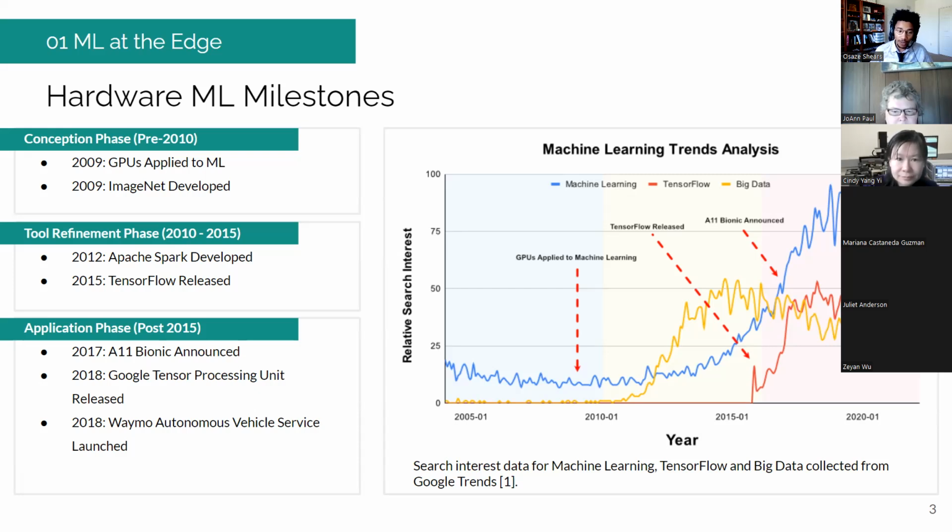Google has also done some of this with their tensor processing unit, and these are big, large-scale devices, kind of similar to GPUs in a way, that streamline the process of performing machine learning calculations in cloud computing settings that require a lot of power, but also give you a lot of accuracy. We'll explore that in a moment. Another interesting development was the Waymo autonomous vehicle service. This is an autonomous taxi service that leverages these different types of machine learning hardware to provide people with autonomous taxi rides.